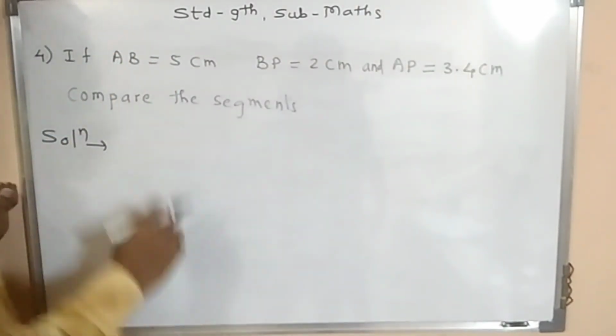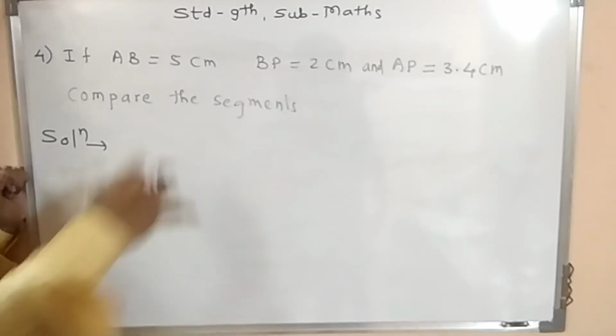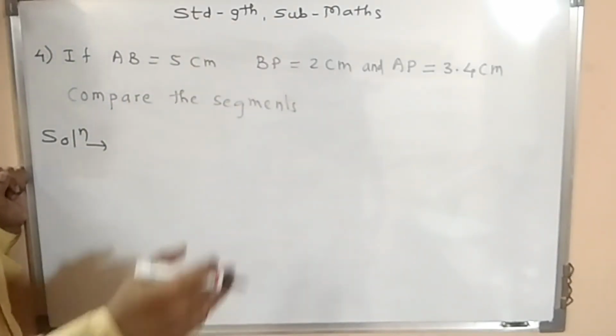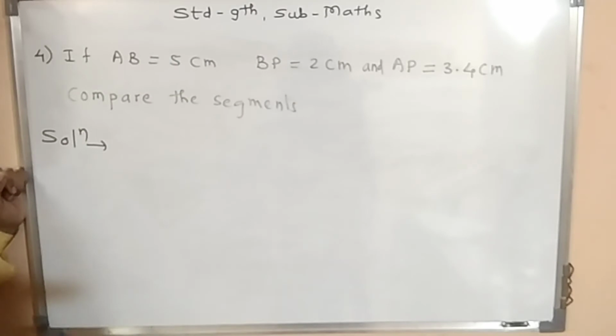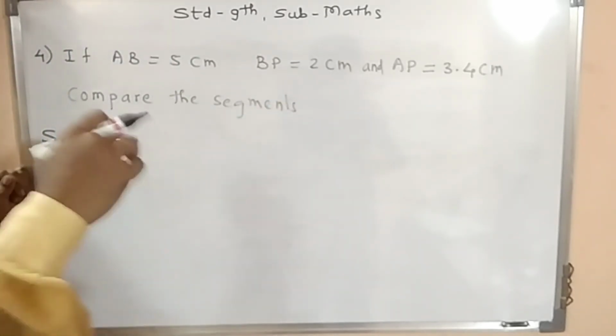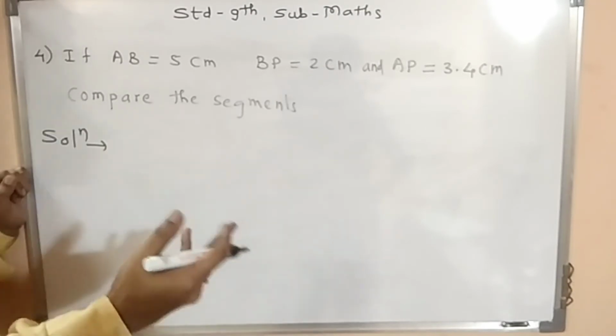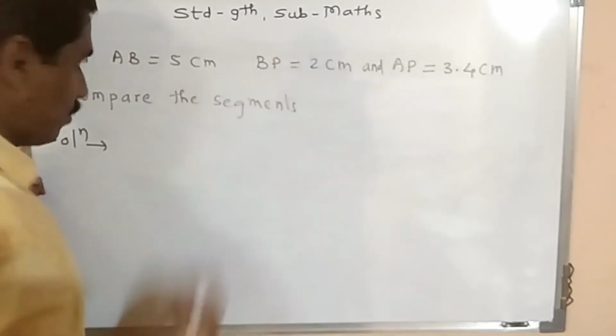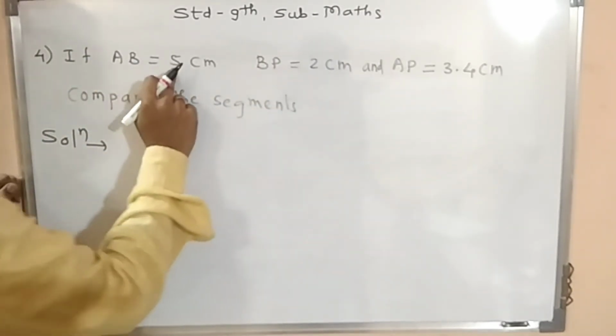Compare the segments. Here, the lengths of the line segments are given, and you have to find out which one is greater and which one is smaller. The comparison of line segments depends on their lengths. So which one? This is 5 cm.